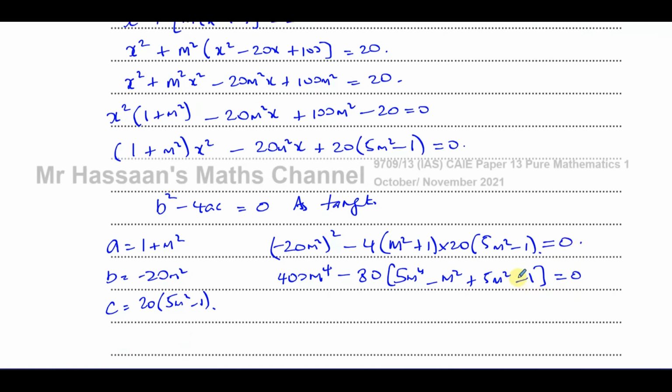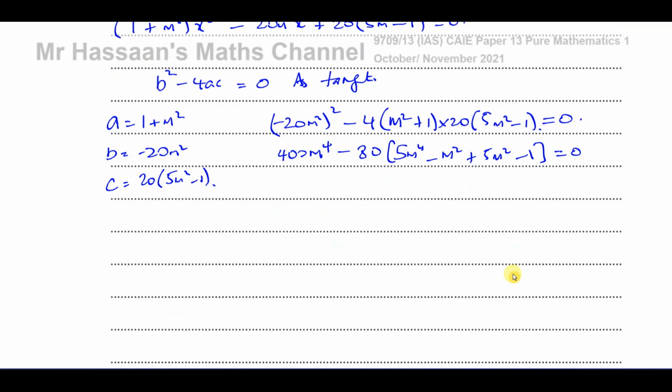Now I'm going to expand this bracket. So 400 m to the power 4 minus another 400 m to the power 4, plus 80 m squared minus 400 m squared.